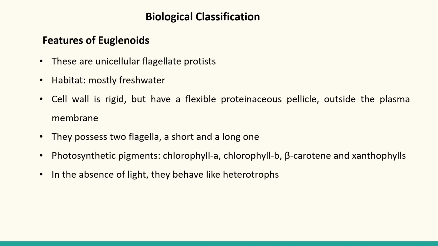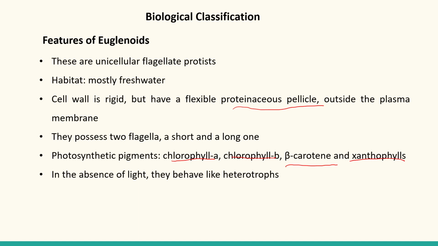The cell wall is rigid, but they have a flexible proteinaceous pellicle outside the plasma membrane. So this is very important. They possess two flagella, one short and one long, so the flagella are unequal in length. Photosynthetic pigments could be chlorophyll a, chlorophyll b, beta carotene and xanthophylls as accessory pigments.